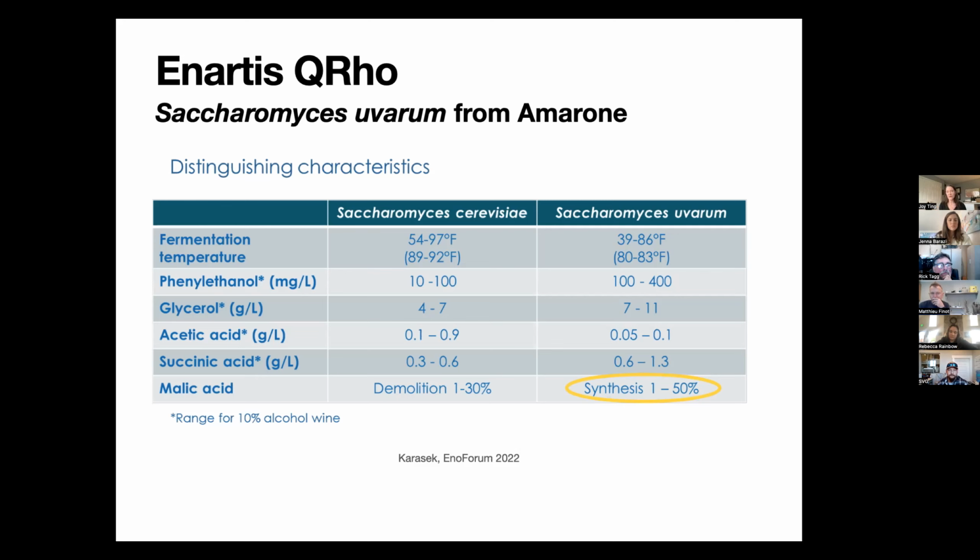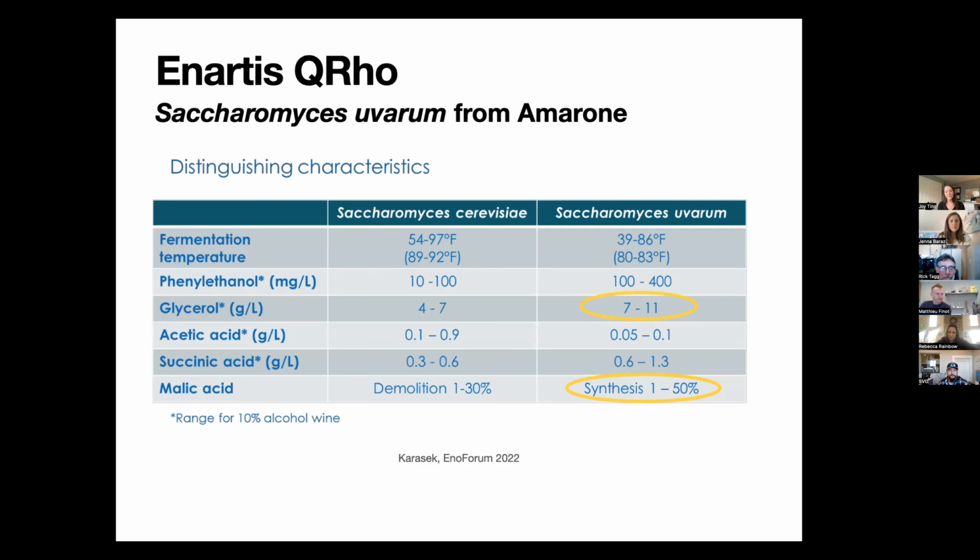In some of their laboratory trials, they found that instead of consuming malic acid during the course of fermentation, it was actually producing malic acid. That seemed like a really good potential way of building some acidity in some of our low acid varieties without having to just dump tartaric acid in there. But as we look at this list of distinguishing characteristics, we can see a couple of other things that are interesting.